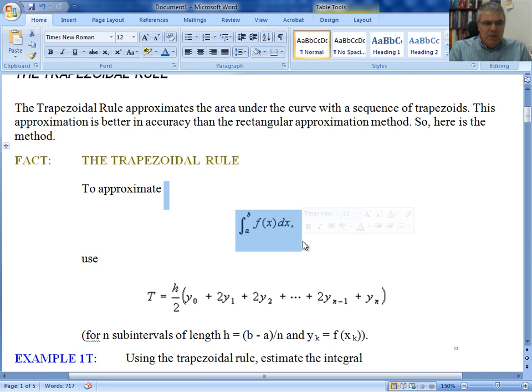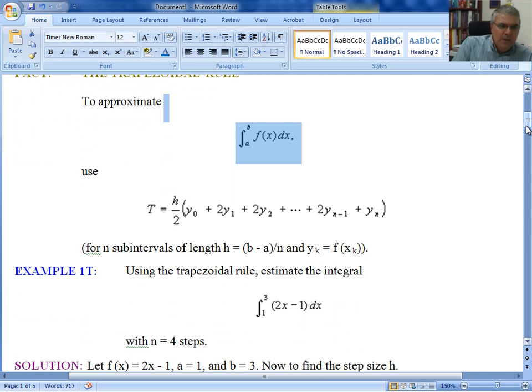We divide this function into different points, find the coordinates of those points, and use the trapezoidal rule. As you can see here, the rule is given. H is the length, which is b minus a divided by n, and n is the number of sub-intervals that we are going to use.